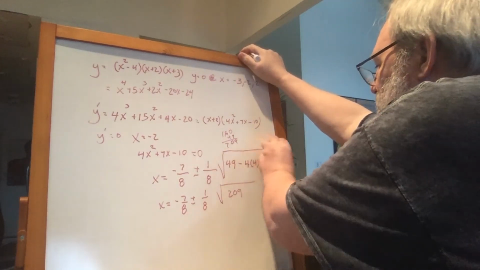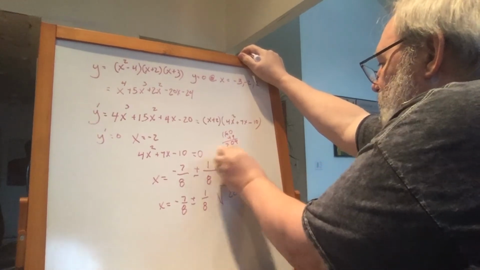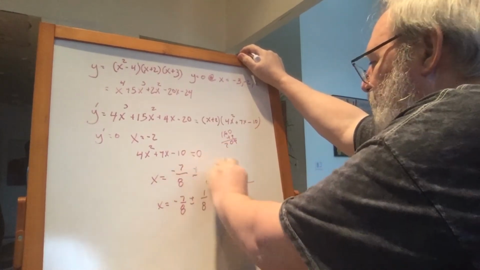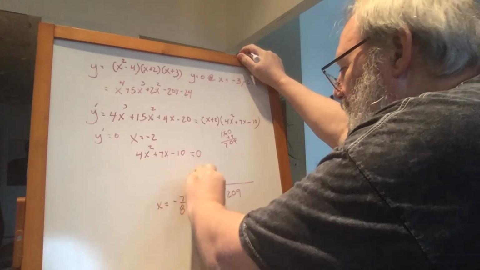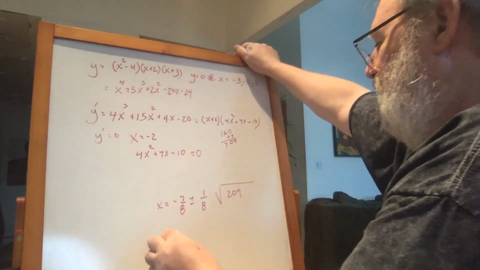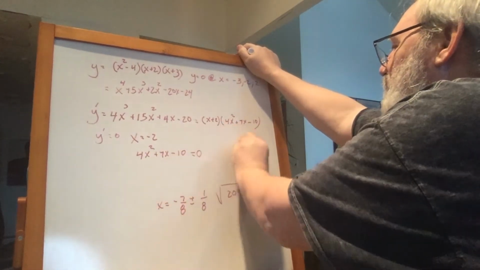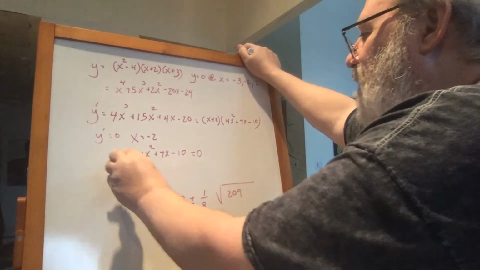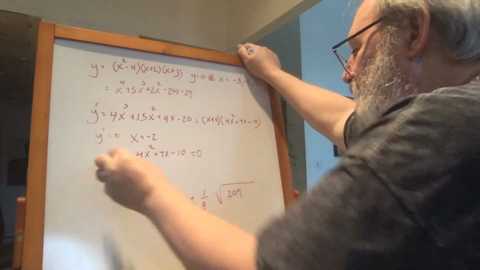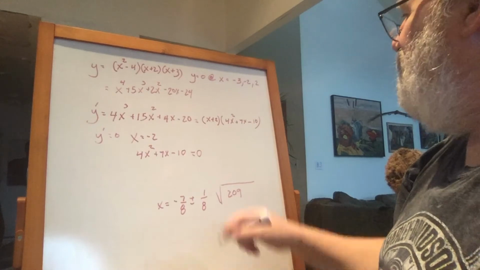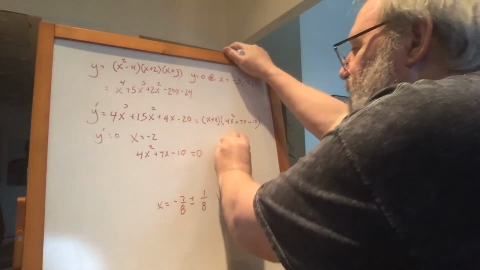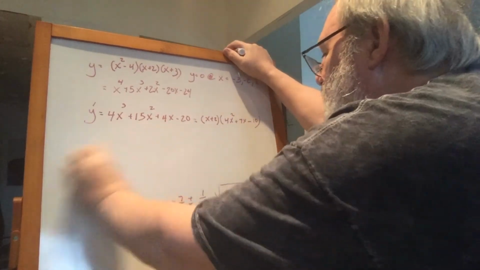So now we have our full factoring. It doesn't turn out to be a nice even number, but we're able to factor it. So let's take a look at this.